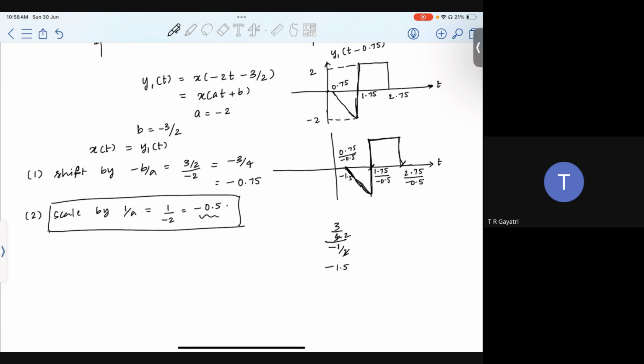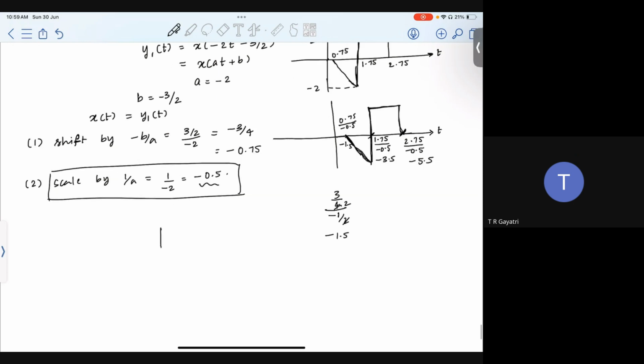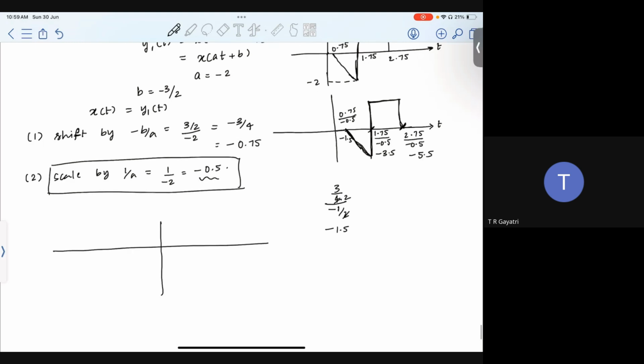So this point is minus 3.5 and this point is minus 5.5, right? So when you plot the final signal, I'm just ensuring that the axis is on the right side.